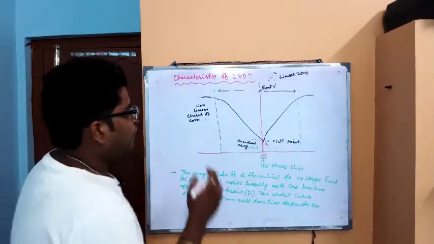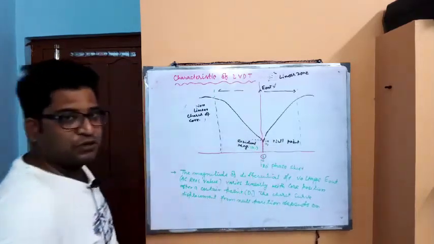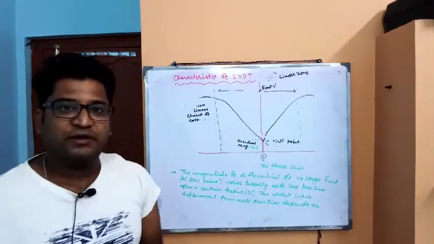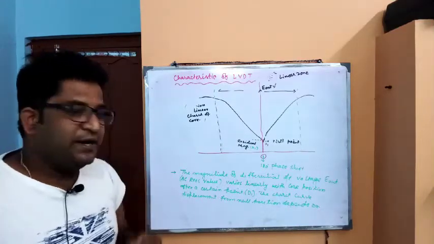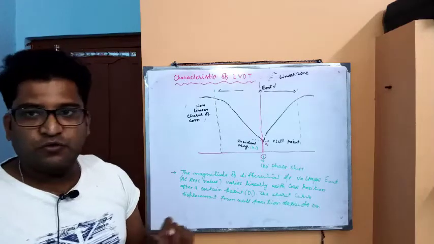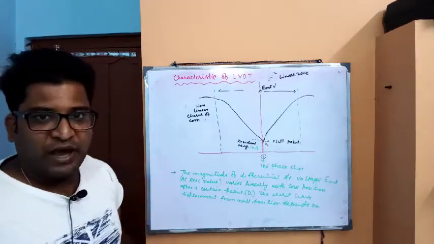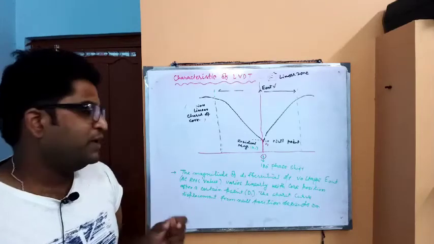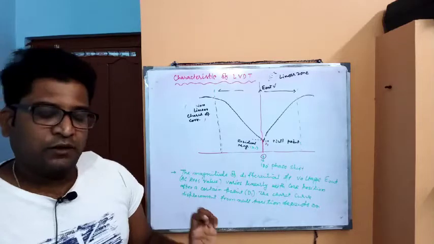And why does this curve not start from here? Because we have an effect named residual magnetism. That means it is the property of a magnetic material to retain magnetism. Due to this residual magnetism effect, we already have some voltage at the output terminal of the LVDT.